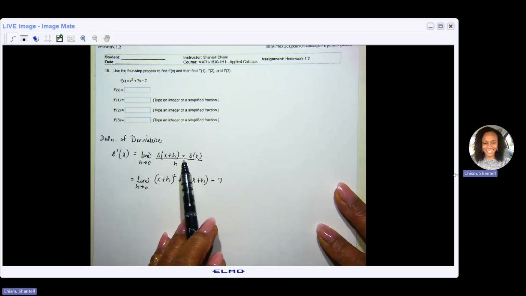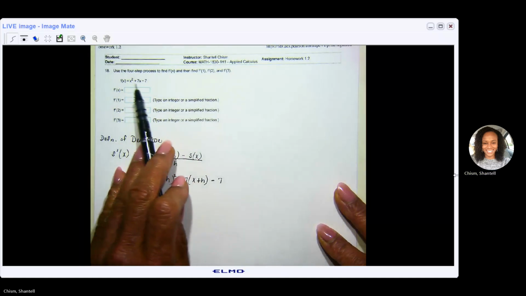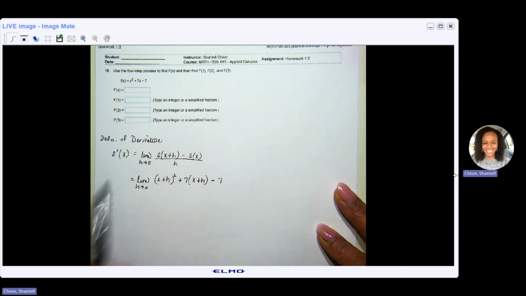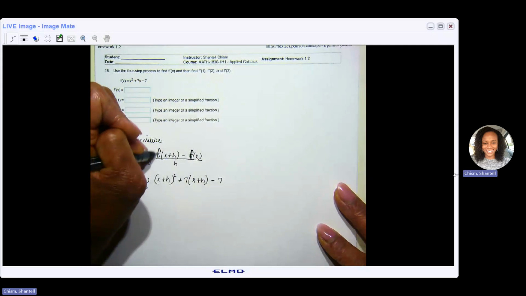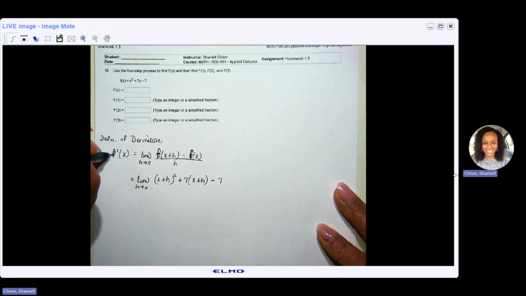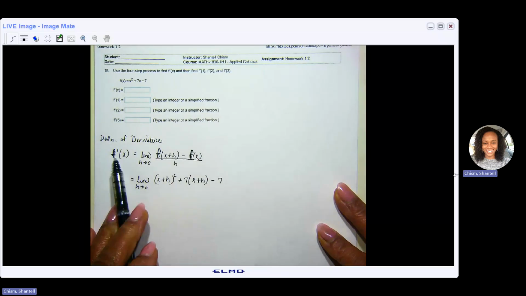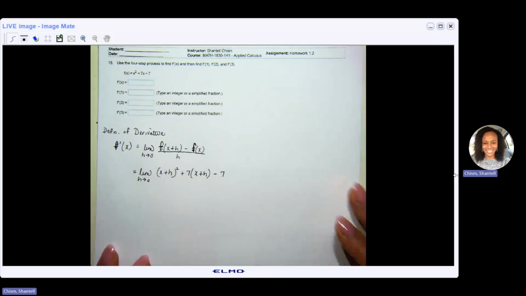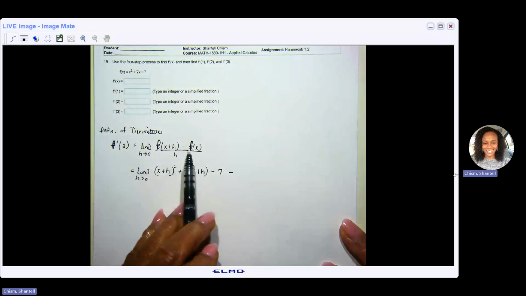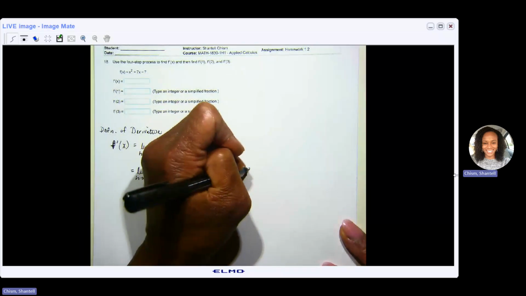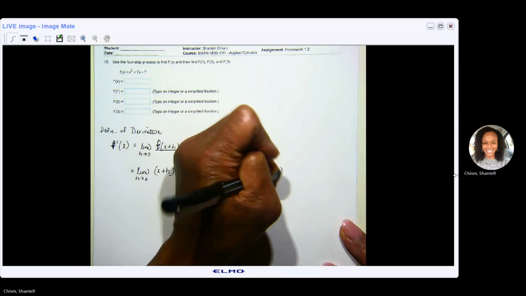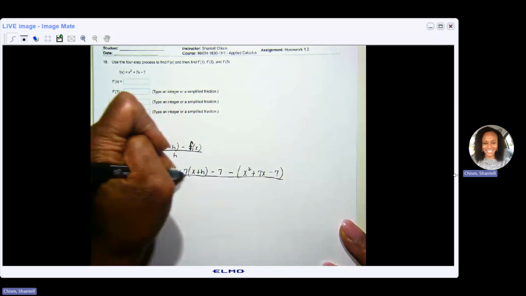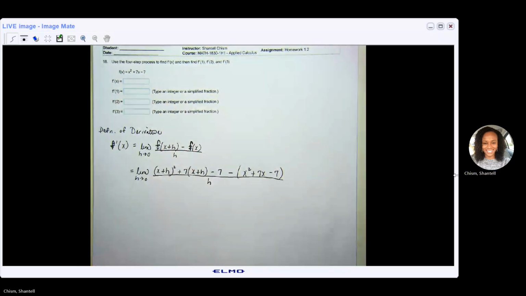Then I have minus the original f of x. And I changed it to s, and I shouldn't have. Thinking about that previous problem there, I am so sorry. That is f of x. So the derivative is called f prime, okay? And then I have minus the original function, x squared plus 7x minus 7. And that is all over h, okay?